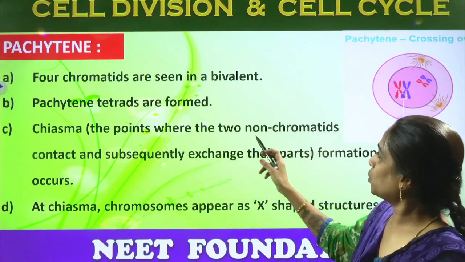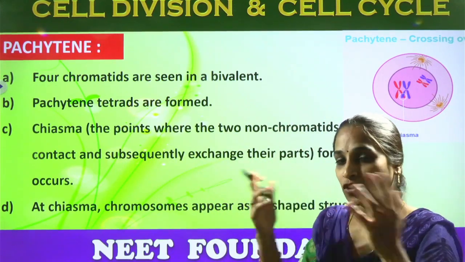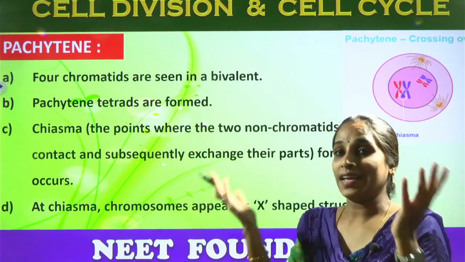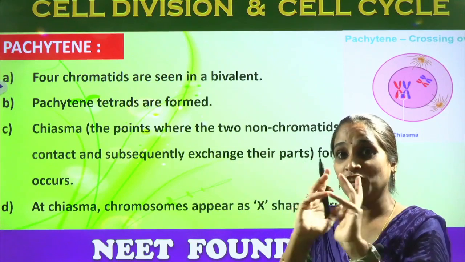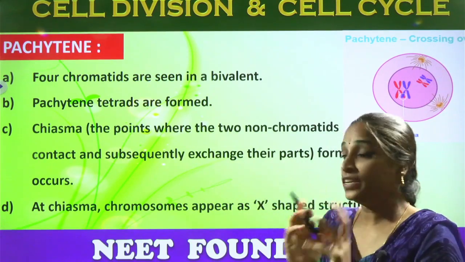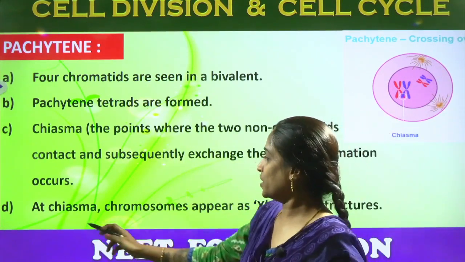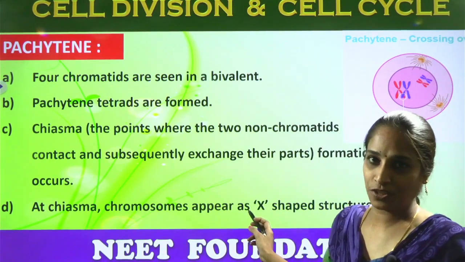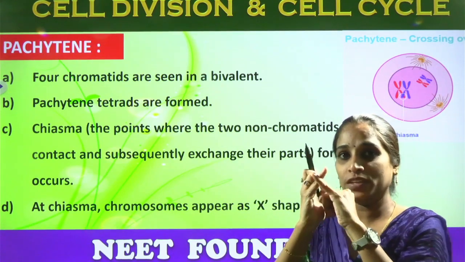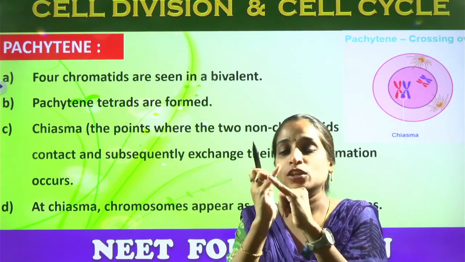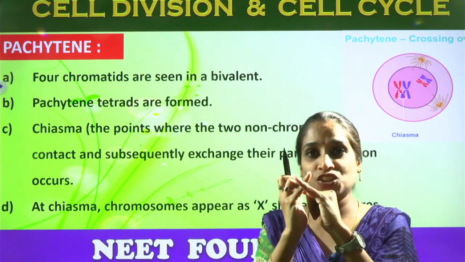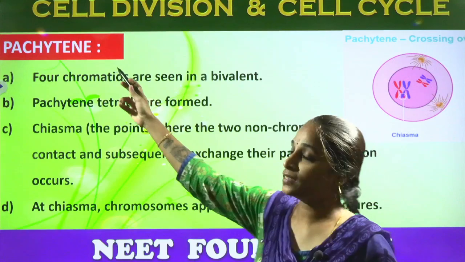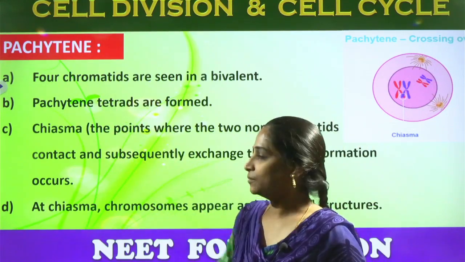So the points where two non-related chromatids meet, this is one homologous and this is the other homologous, but as they join together, those are the non-related ones. So they adjoin at the chiasma, and at the chiasma the chromosome appears X-shaped. As the terminals move and adjoin like this, this point becomes an X-shaped structure. That is called a chiasma, which occurs in the stage called pachytene.